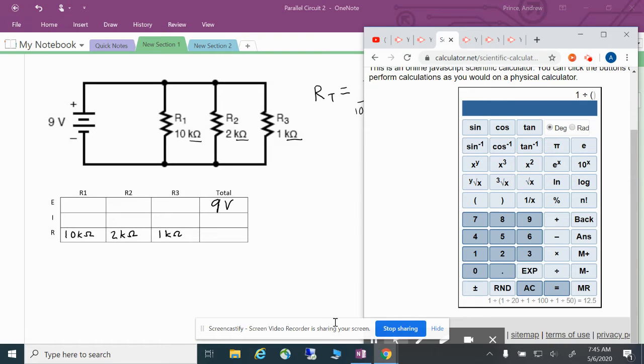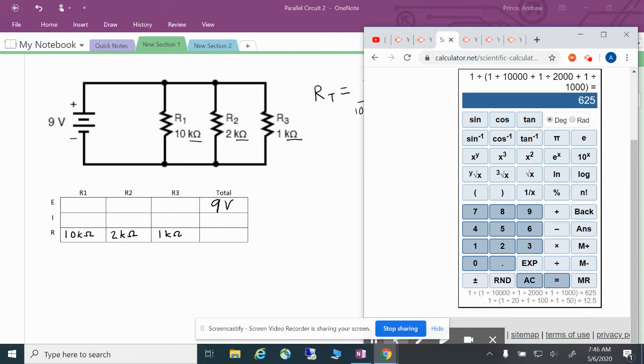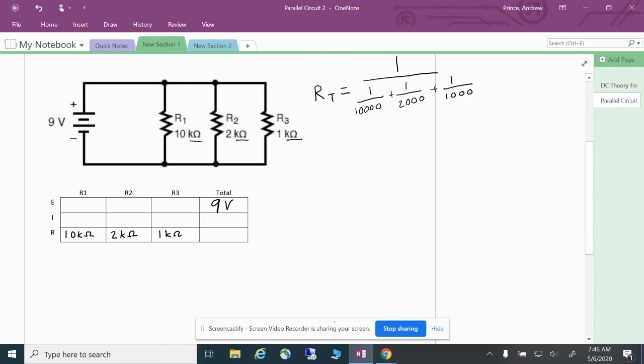So 1 divided by parentheses, 1 divided by 10,000 plus 1 divided by 2,000 plus 1 divided by 1,000. And then we can go ahead and end those parentheses. And our total is going to be 625 ohms.